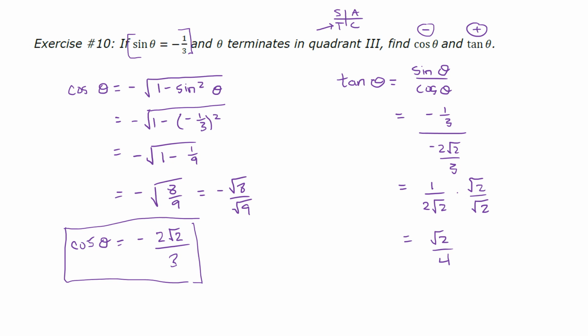Okay, so that means the tan of theta is square root 2 over 4. Now there are other identities that we could have used to help us get tangent, but I recommend utilizing the identities that involve values you already have been given.